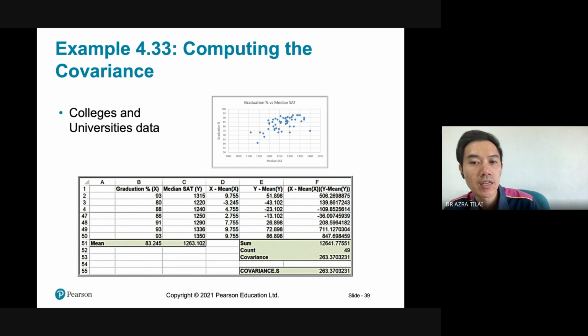So you can see that it will represent some kind of a negatively skewed chart, right? If you were to draw a line there. So the covariance is 263.37. Okay. So they want to know the college graduation percentage versus the median of the SATs.